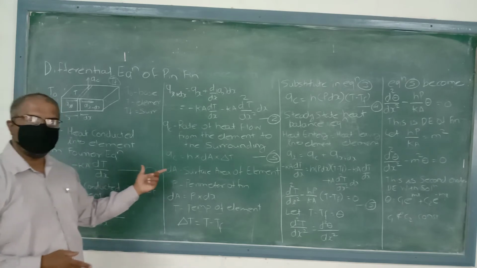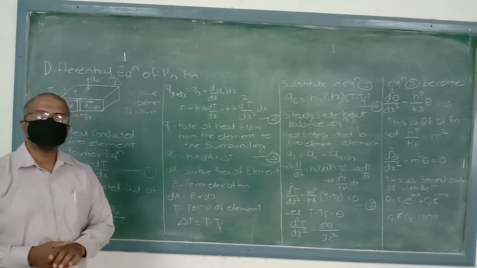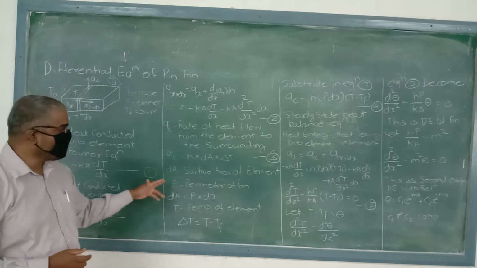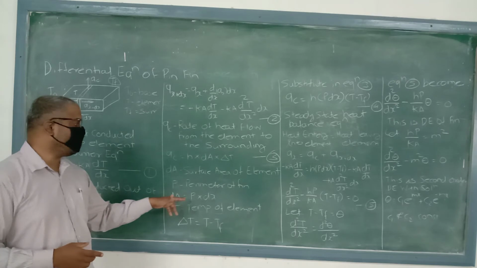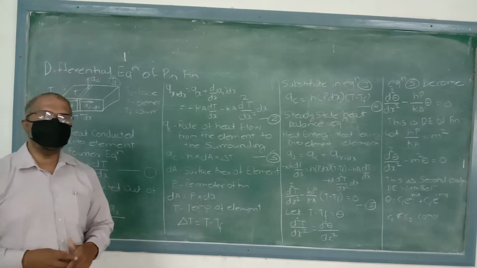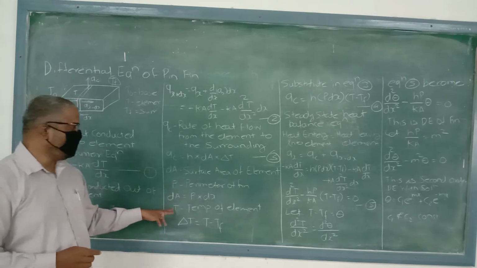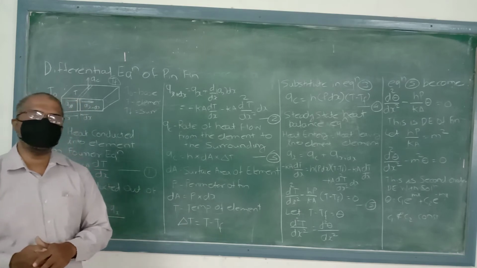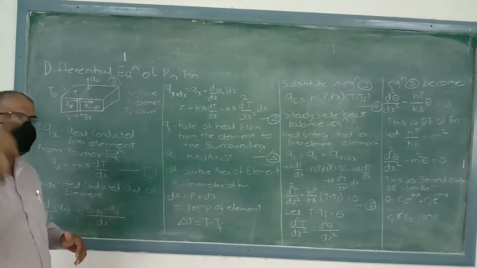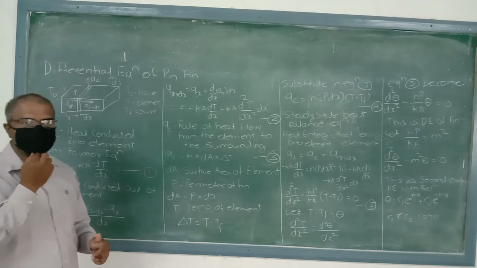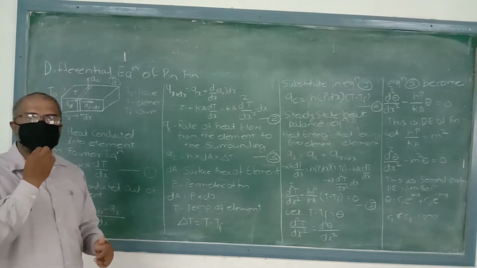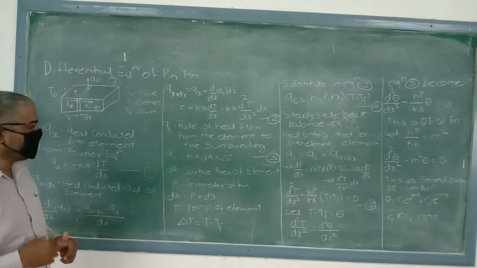As I have told, dA is the small surface elemental area, P is the perimeter of the fin, and dA we can calculate as P into dx. T is the temperature of the elemental area. Now delta T we can calculate as T minus Tf, where Tf is the surrounding temperature and T is the temperature of the fin.